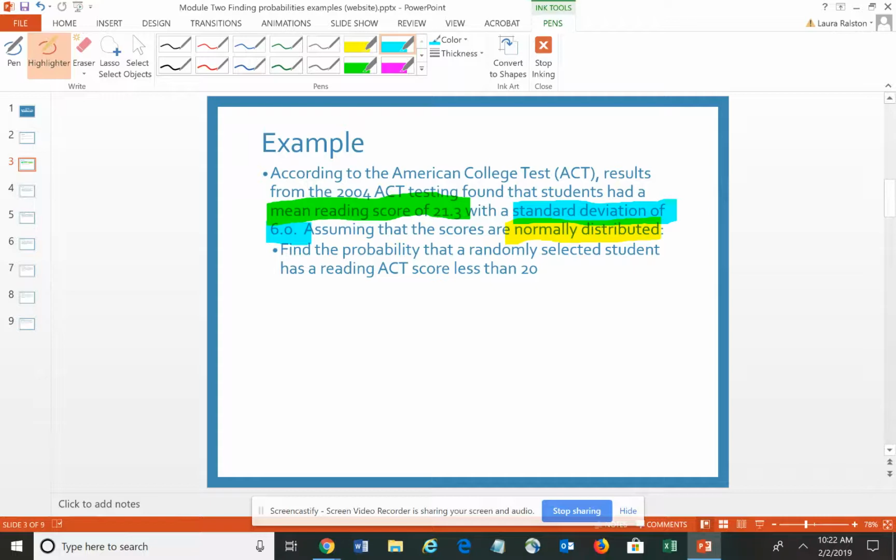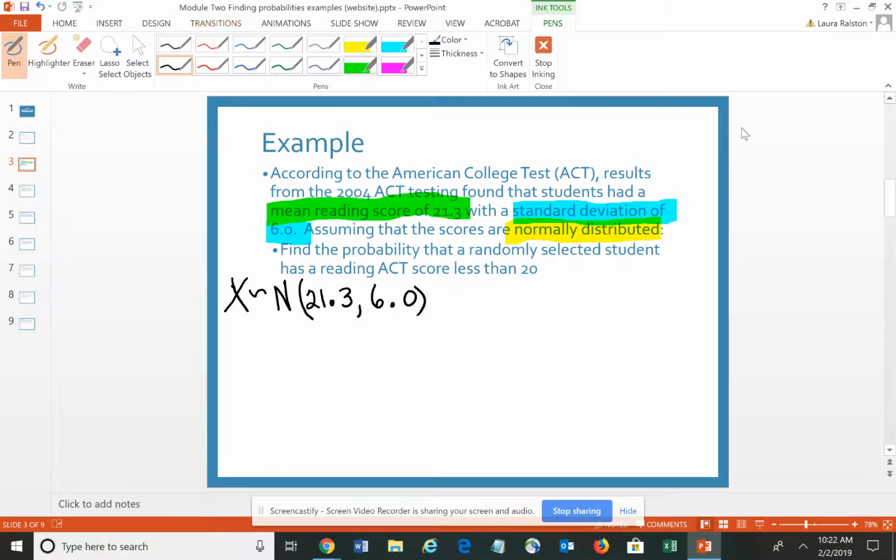Now, we can write this in a shorthand way so that we have the information as we go throughout the problem. To write this information in a shorthand way, we would say X is approximately normal, then we put a parenthesis, and then we put the mean, which is 21.3, and then we put the standard deviation, which is 6.0. And then they ask us a question.